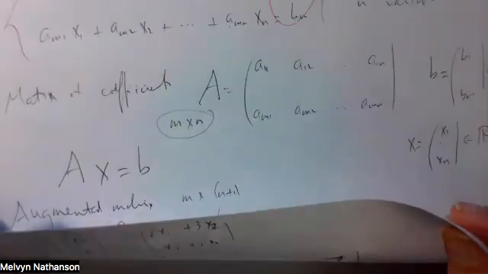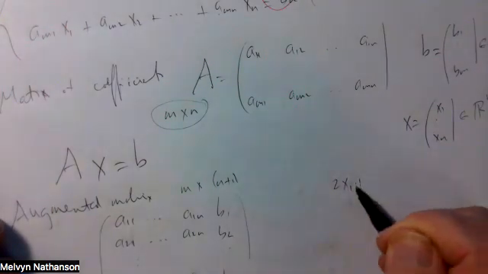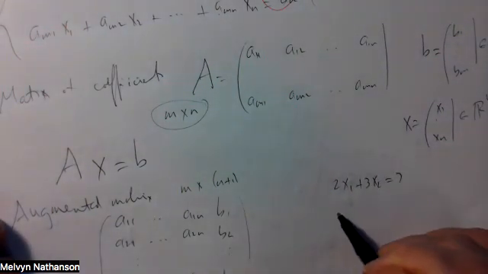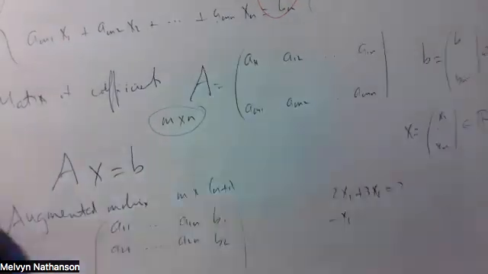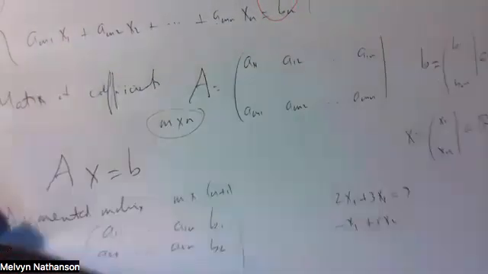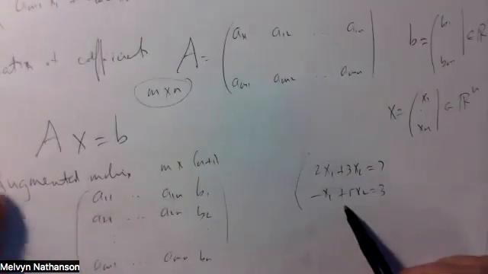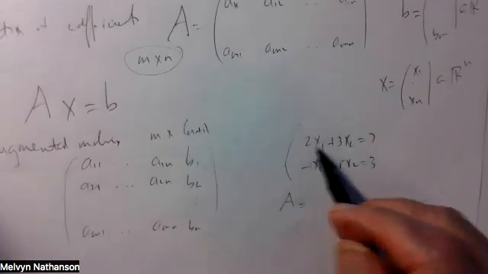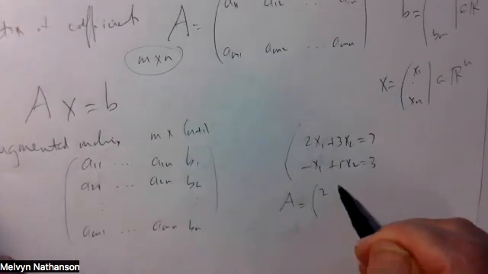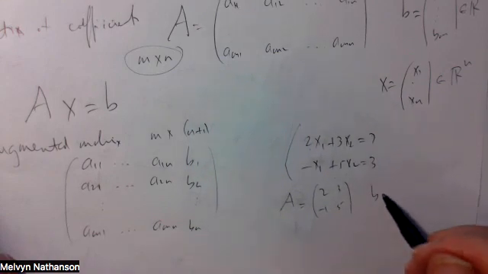So for example, if we have the system of linear equations 2x1 plus 3x2 equals 7, minus x1 plus 5x2 equals 3, the matrix A that comes from this would be the matrix of coefficients of the variables: 2, 3, minus 1, 5. The vector B would be 7, 3.